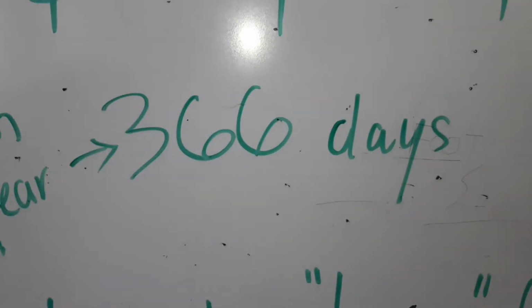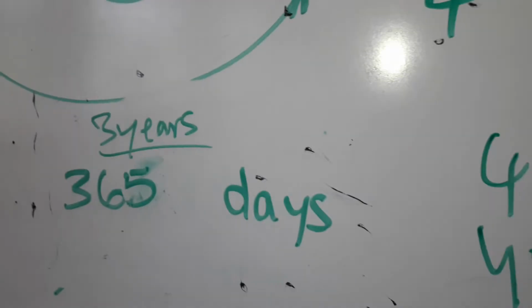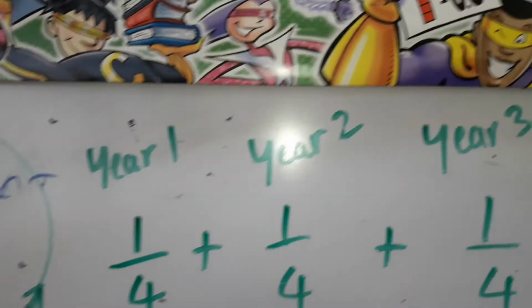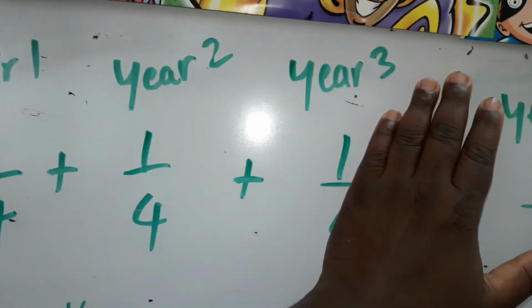But in that 4th year, the earth now takes 366 days to make a complete trip around the sun. Now you may be saying, Mr. Henry, I don't understand, why does it take 366 in this year? Well, if you have been paying attention, and I'm sure you all are, you are brilliant students, I'm sure you are figuring it out right now.